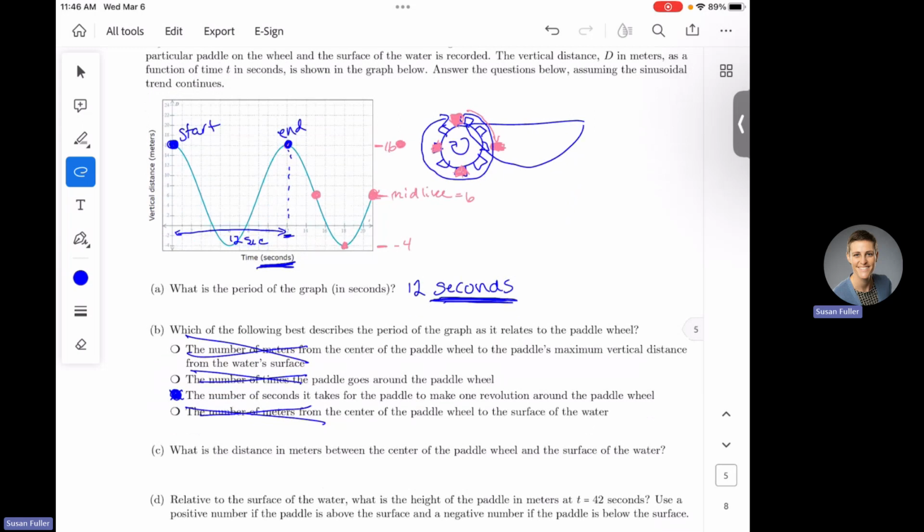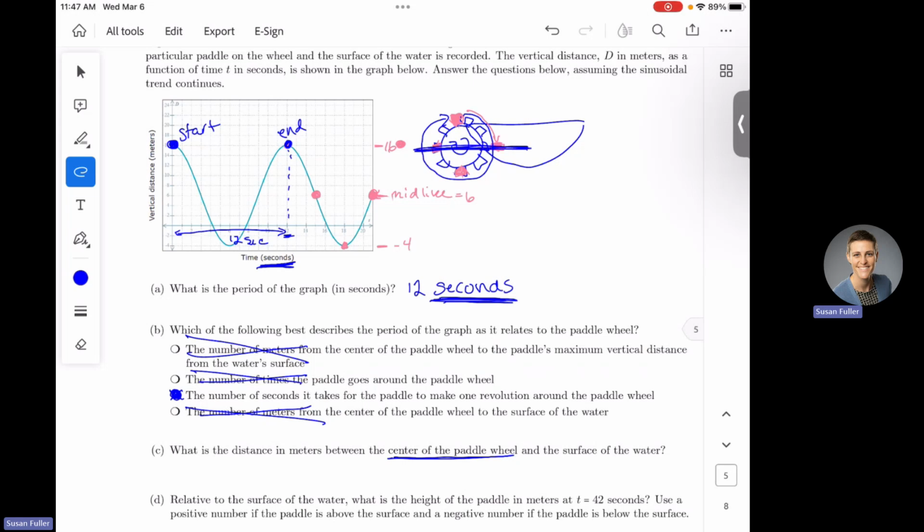What is the distance in meters between the center of the paddle wheel and the surface of the water? Okay, so let's find the center of the paddle wheel. Where is this? Well, the center of the paddle wheel is right here, right?